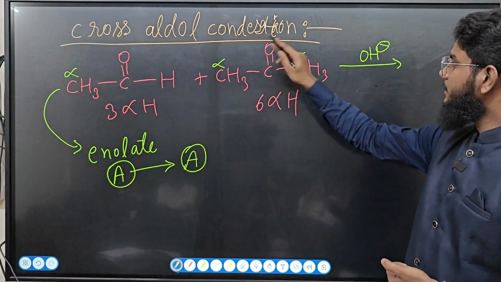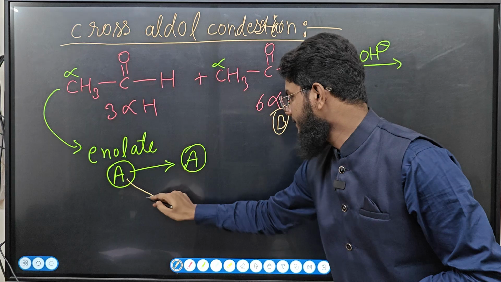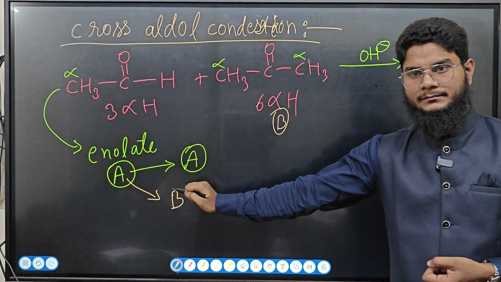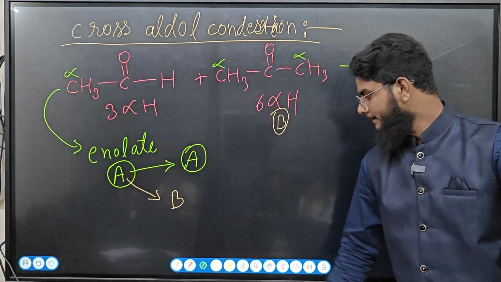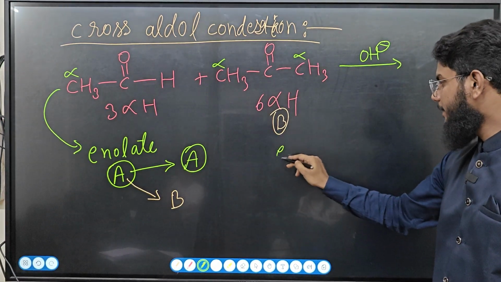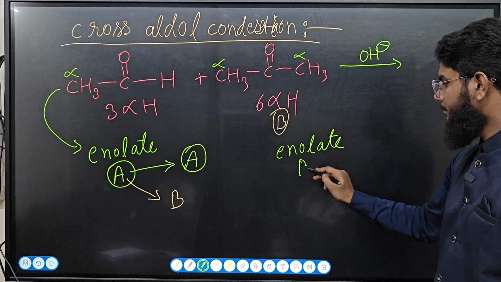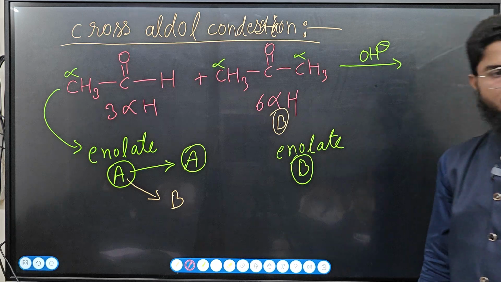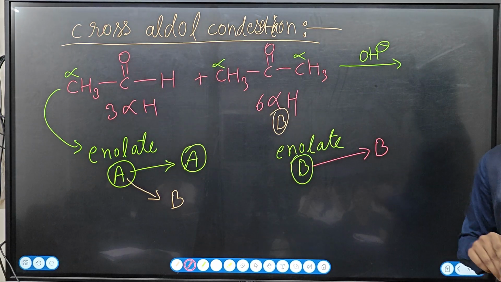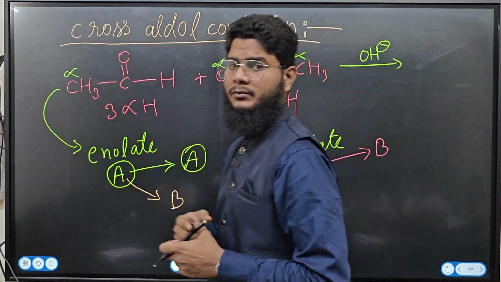Another, consider this part as B. So this A can react with B, right? How many products? 2. Same, if this B is forming enolate, now B is forming enolate. This B can also react with another B. And what's the other condition?